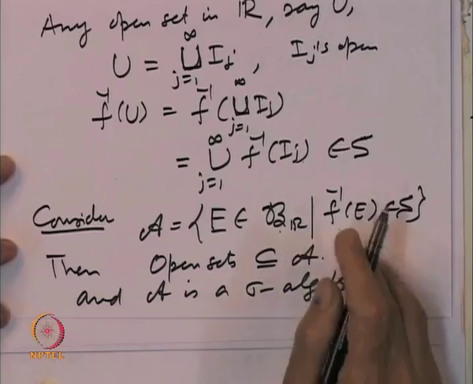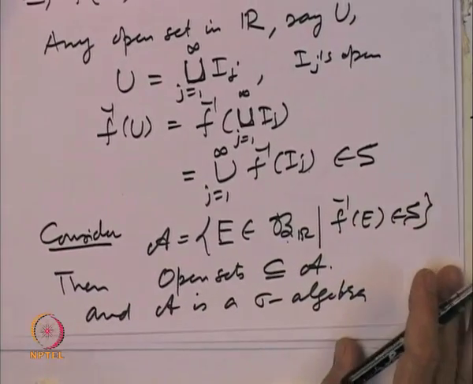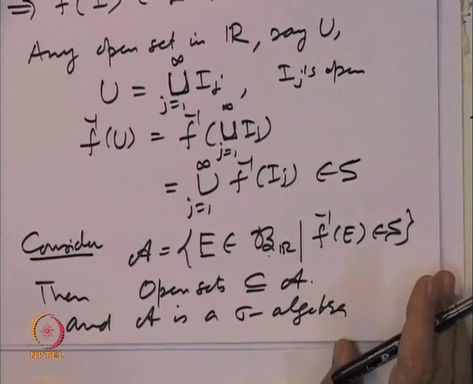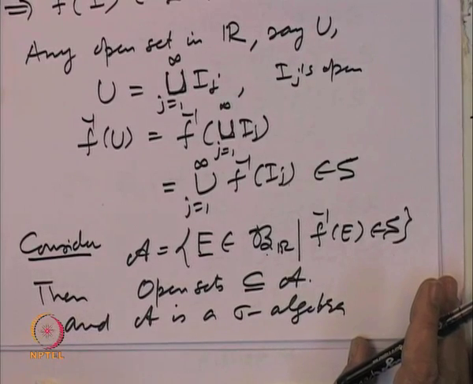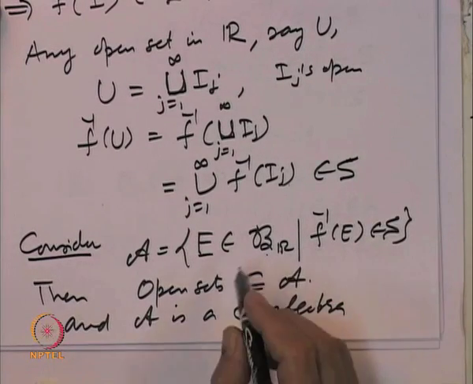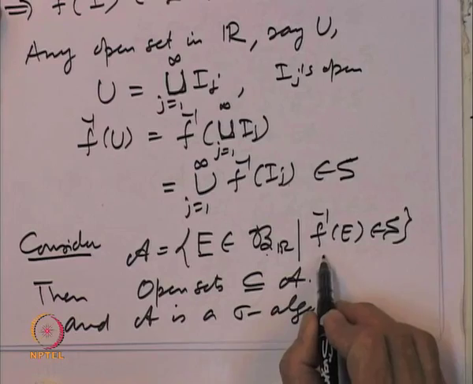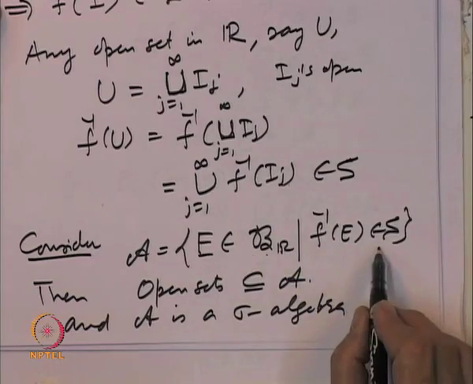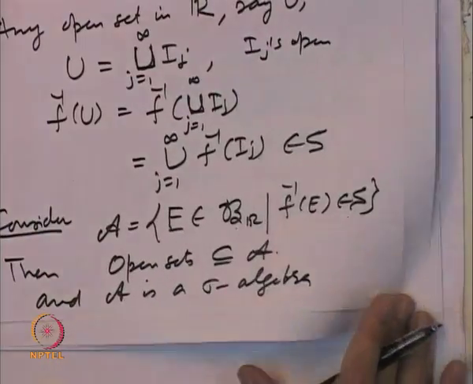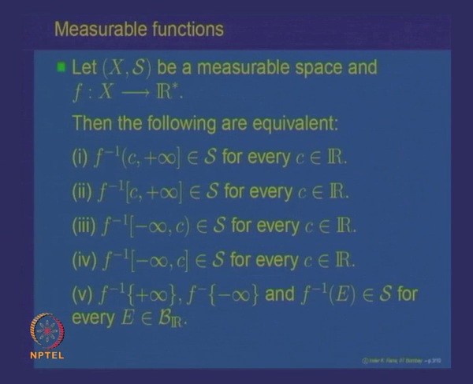That means, if we assume any one of those first 4 conditions in the statements that we just now stated, then that implies the statement that the inverse image of every Borel set is in the sigma algebra S. Let us verify that the inverse images of the points plus infinity and minus infinity are also.